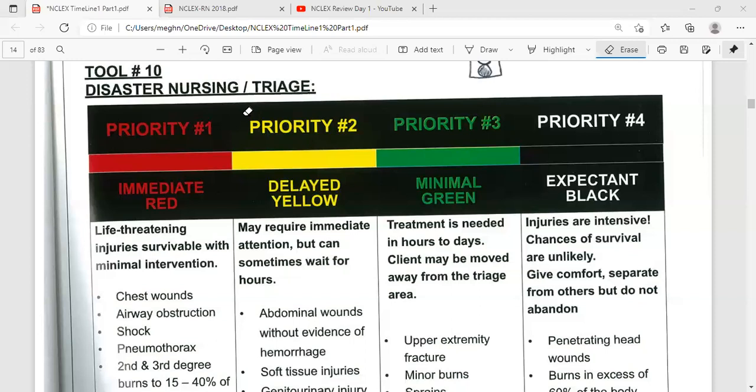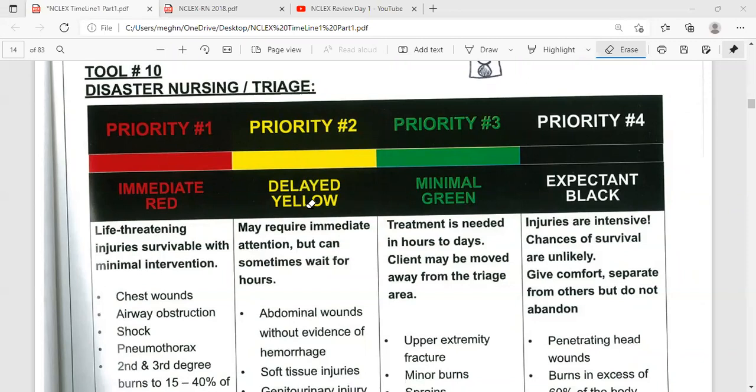So always be able to rapidly identify the problem and respond to actual life-threatening states. Also be able to make a judgment on potential for life-threatening deteriorations. Let me read it. Priority one, we call it red, means they need immediate care. Priority two is yellow.